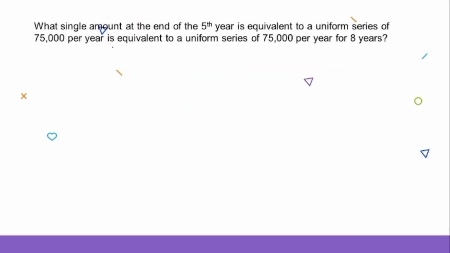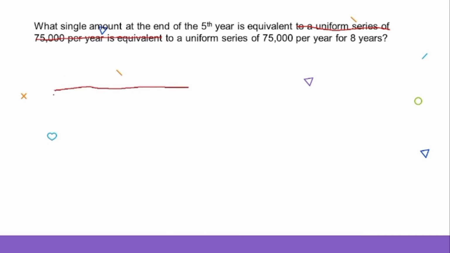Another example. What single amount at the end of the 5th year is equivalent to a uniform series of 75,000 per year for 8 years? The first thing that we must do is illustrate the problem. We must draw the cash flow diagram. Equal payment for 8 years daw.